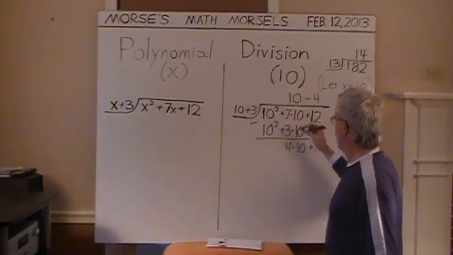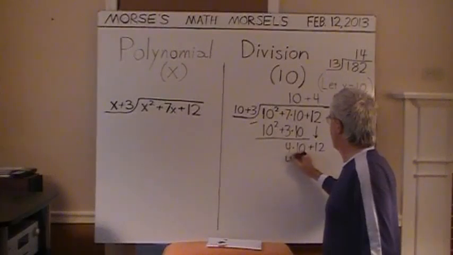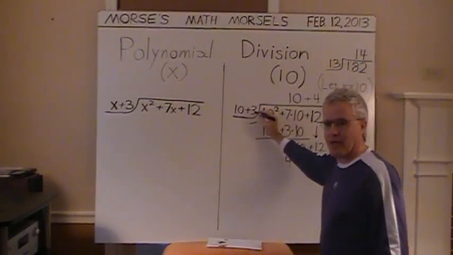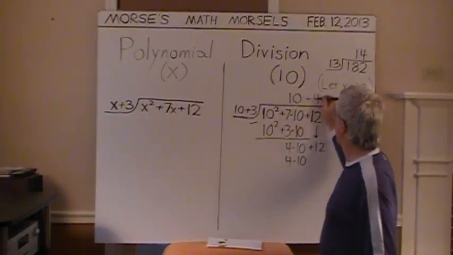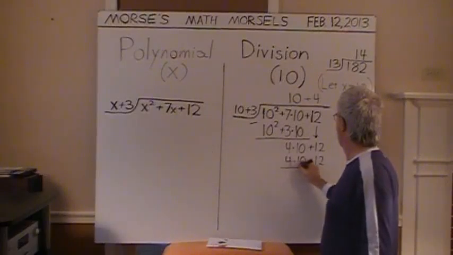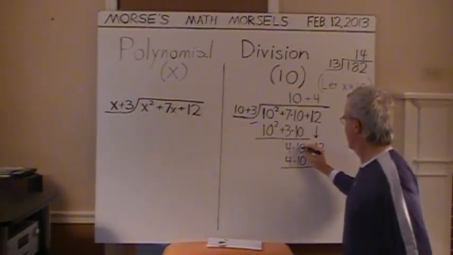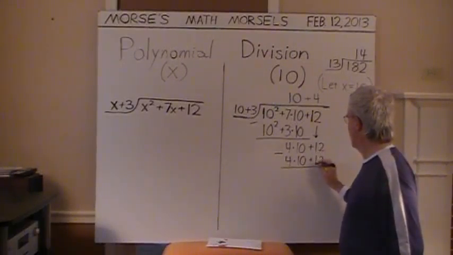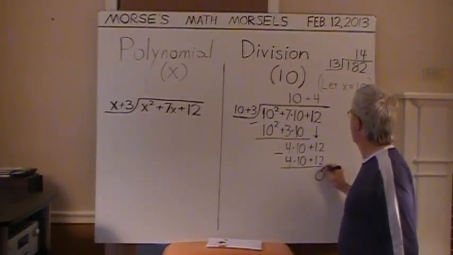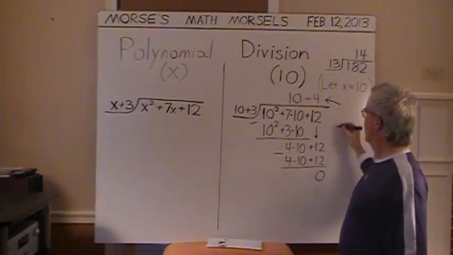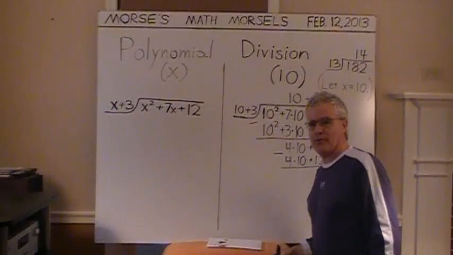Oh, 4 times 10 is 40. I'm going to represent that again as 4 times 10. And the 3 has to ride along. The plus 3 times the plus 4 is a plus 12. And voila, 4 times 10 minus 4 times 10 gives 0. 12 minus 12 is 0. And there's our quotient, 10 plus 4. Oh, so far so good.